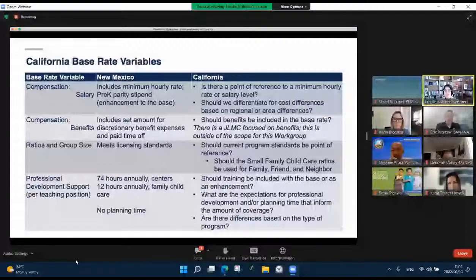So what I think people have put forward is that the things that are required of providers should be included in the base. There also is a need for some enhancements that allow for additional learning. It may be something you want to see some time for.